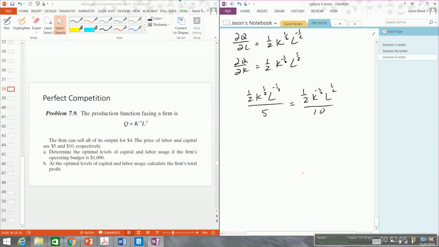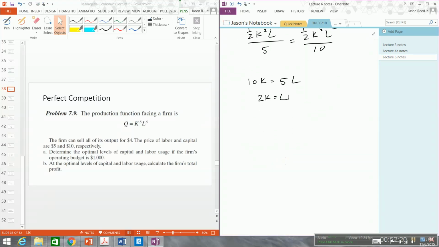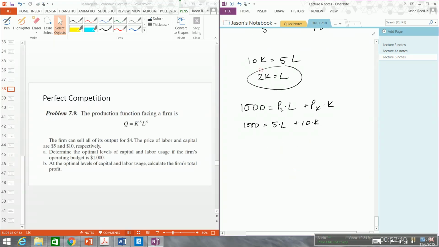And so we can continue to solve down here, so that the 1/2s cancel, and we have 10K is equal to 5L, so we have 2K is equal to L. Then our next step would be to look at our operating budget, which is 1,000, which is equal to P sub L times L plus P sub K times K. So we have 1,000 is equal to 5 times L plus 10 times K. But we already know L in terms of K, so let's do 1,000 is equal to 5 times 2K plus 10 times K.